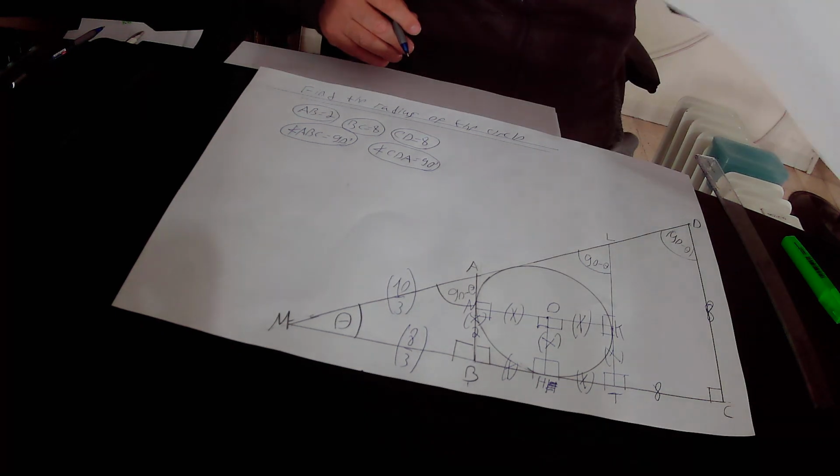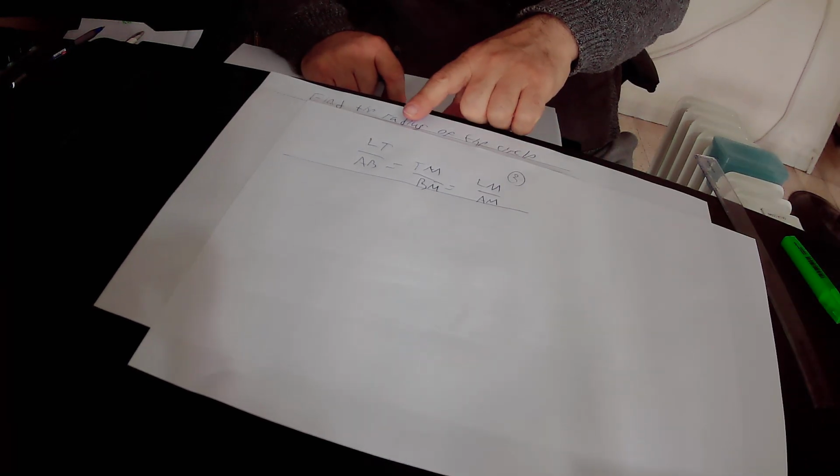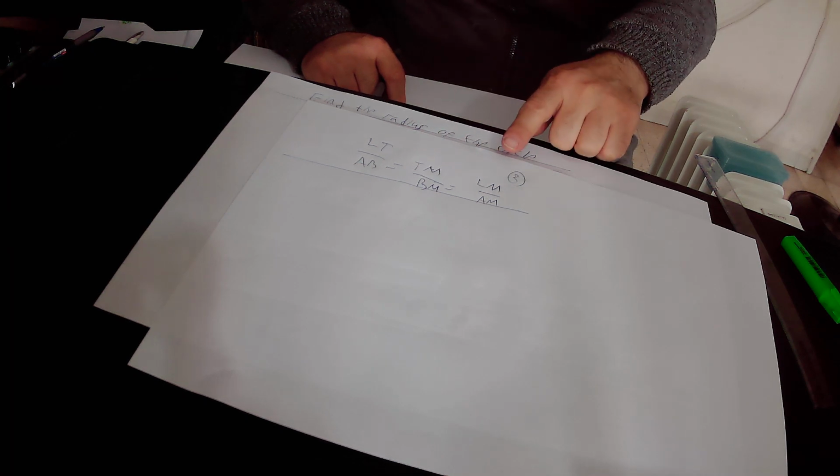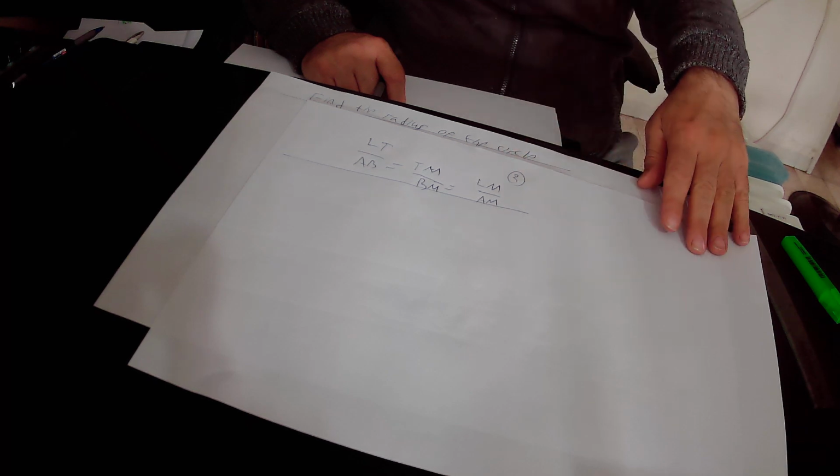So in conclusion, we found out that LT over AB equals TM over BM, and it equals LM over AM.